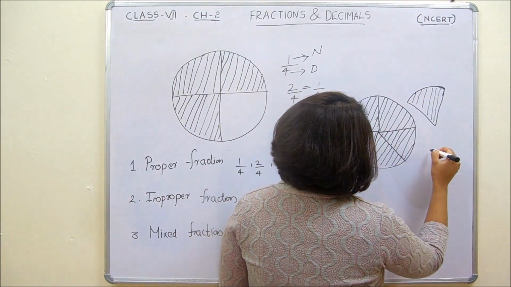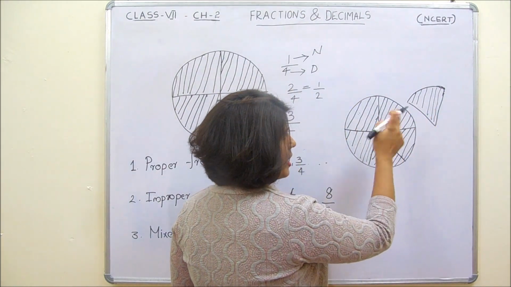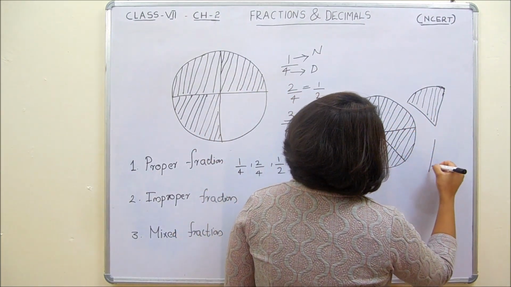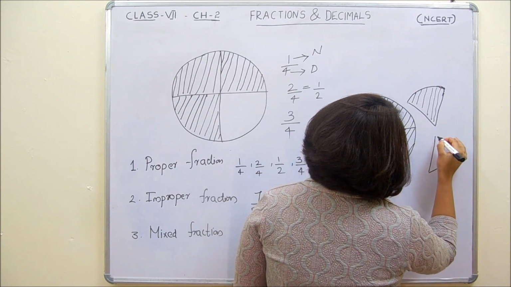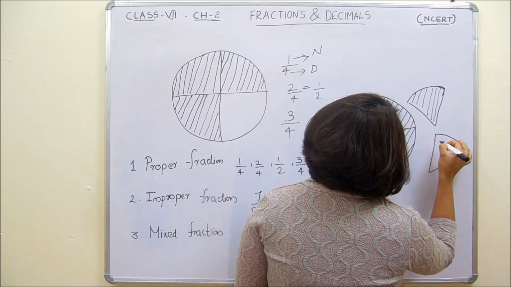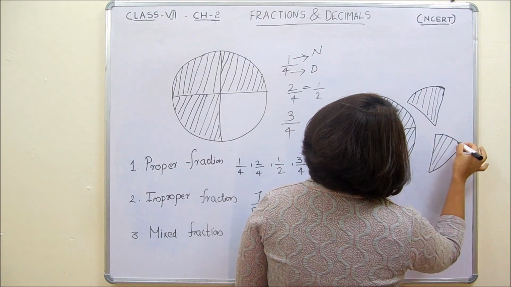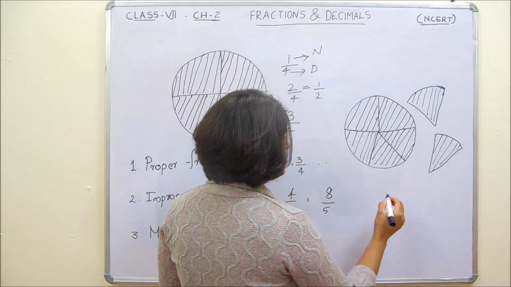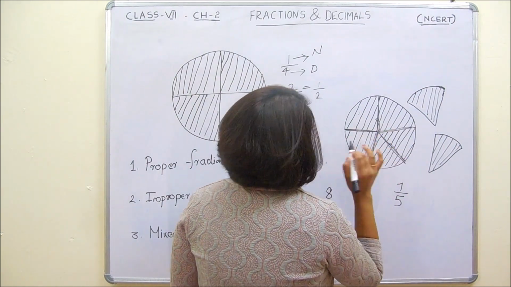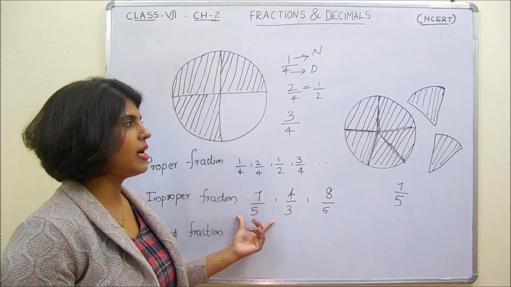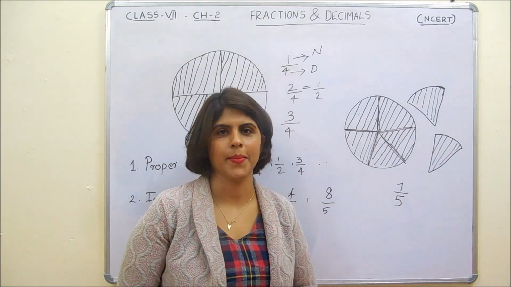And again we consider one more part, the same equal part. Then it would become 7 by 5, right? So we can represent 7 by 5 in this way.